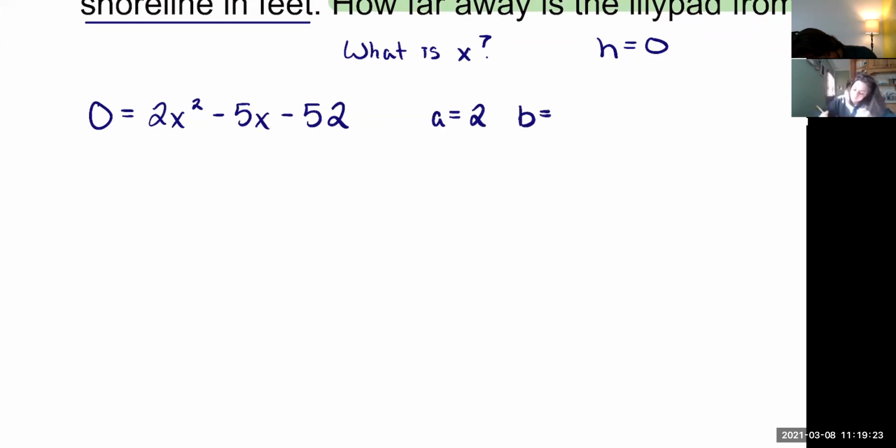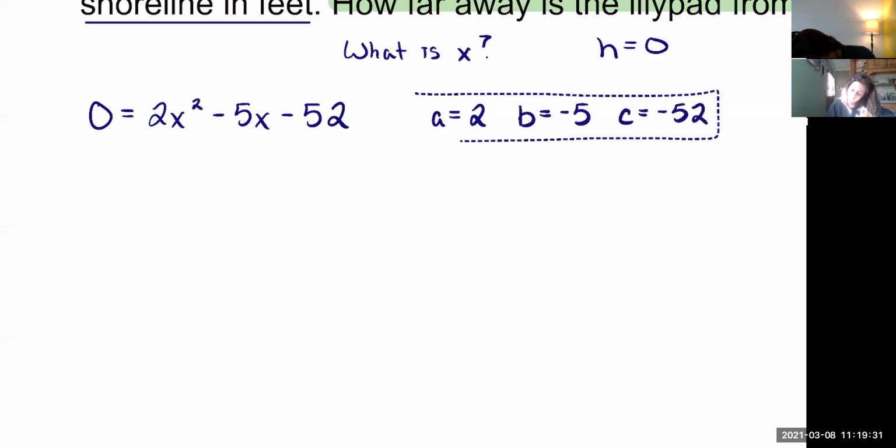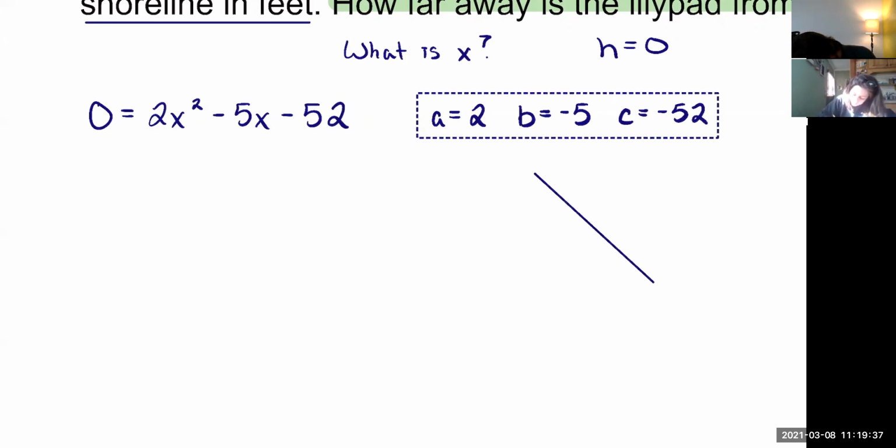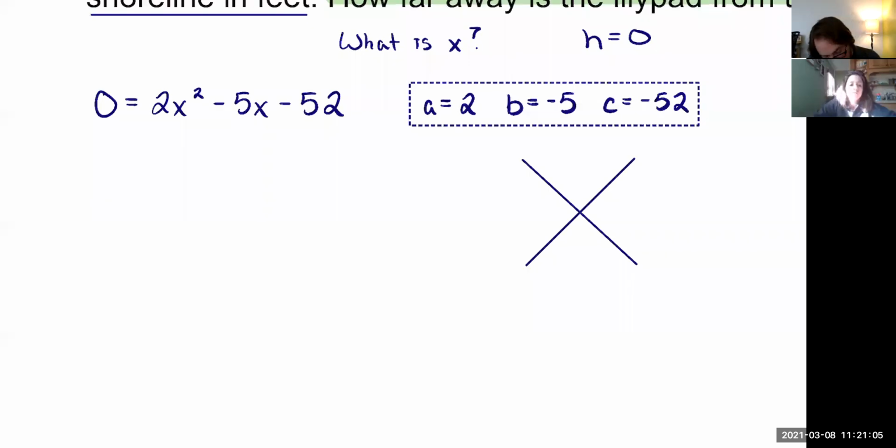My B is -5, and my C is -52. So then I set up my asterisk. Doesn't have to be anything too fancy, just enough to accomplish the task.